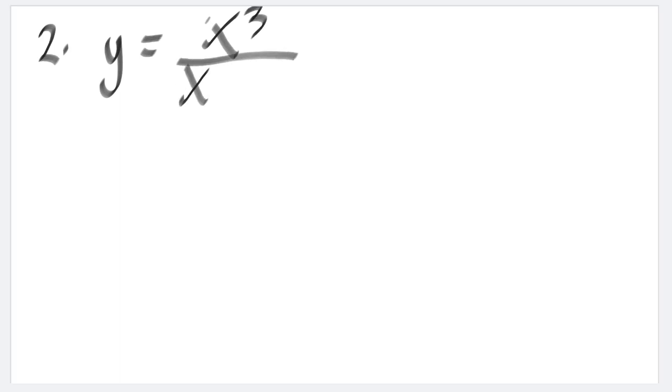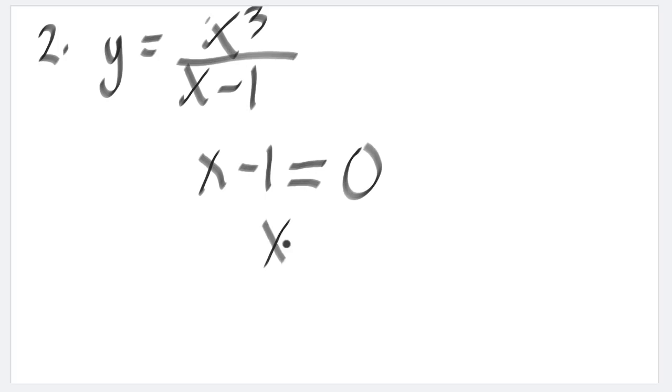Number 2, y is equal to x cubed all over x minus 1. You make use of your denominator equal to 0 because this is a fraction. So x minus 1 is equal to 0. Then x is equal to 1.